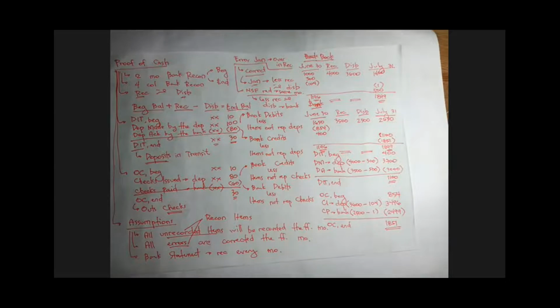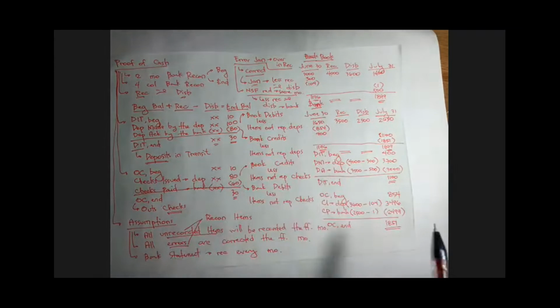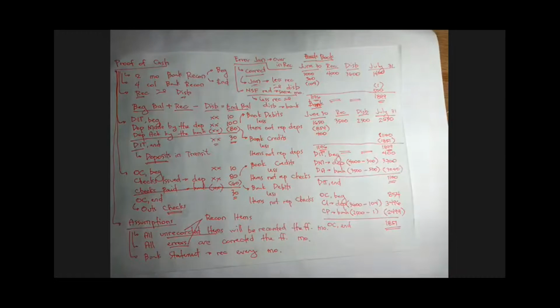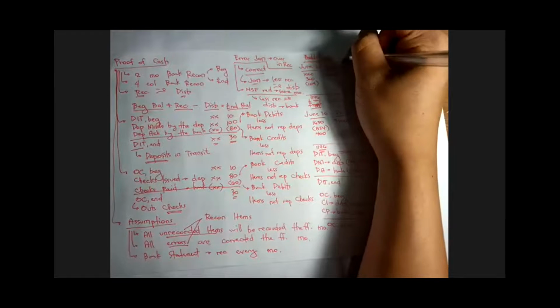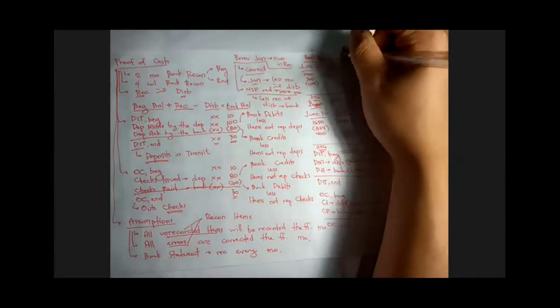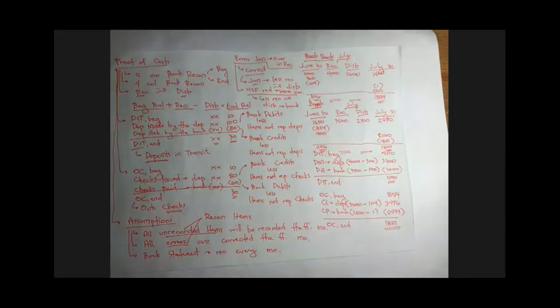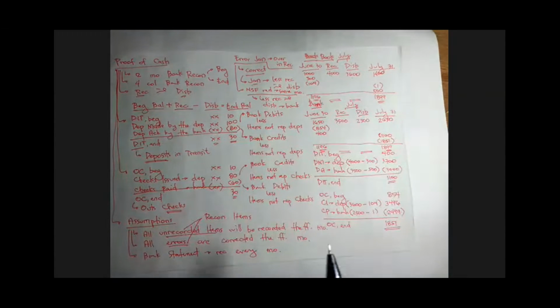Ibig sabihin, lahat ng reconciling items ng June, sa July sila marirecord, and lahat ng reconciling items ng July, August pa yan marirecord. So para i-reconcile si receipts at disbursement, dapat pang current month or pang July lang ang kasama dito. Ibig sabihin, lahat ng pang June hindi dapat kasama at lahat ng pang July dapat kasama dyan.